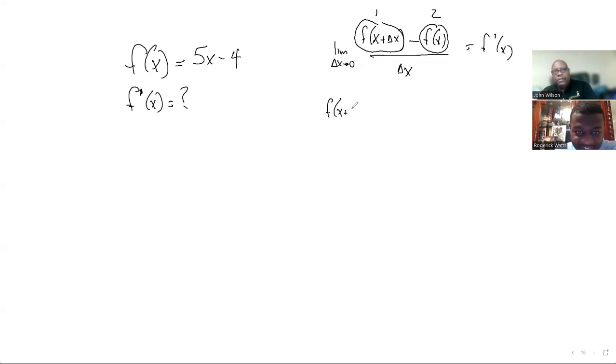So f of x plus delta x. Let's see how well you know your functional notation. It's 5 times x plus delta x, minus 4. Shall I review it?